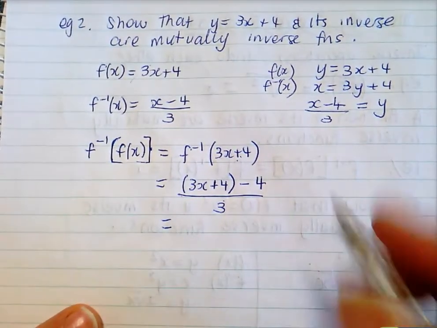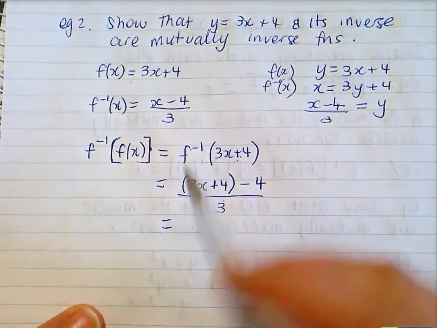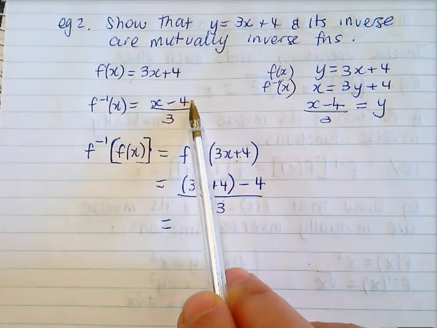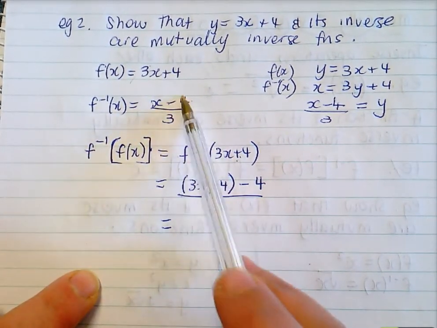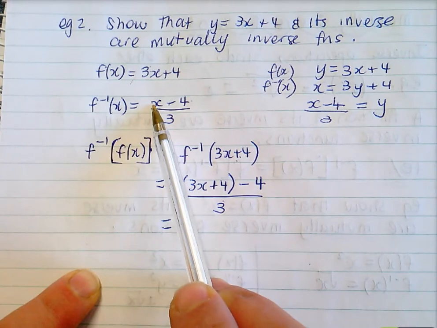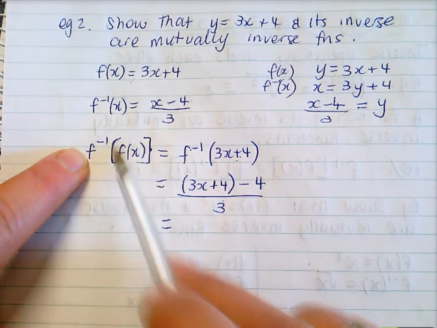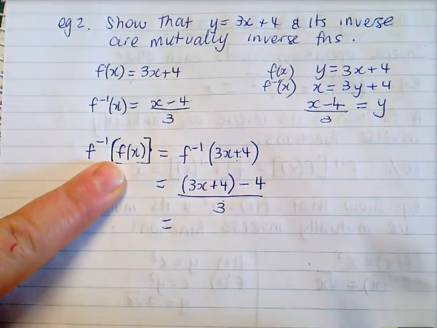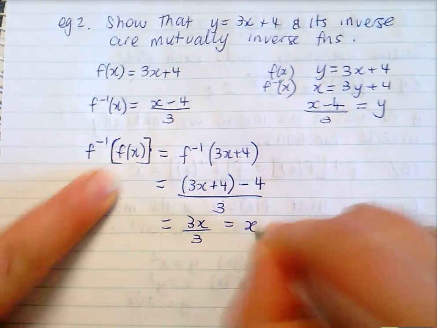Because I substitute the x in here for 3x plus 4, then I've got minus 4 for the rest. I'm using the inverse function and I substitute the function of x into any x's there. So I get 3x plus 4 minus 4 is 3x over 3, which is x.